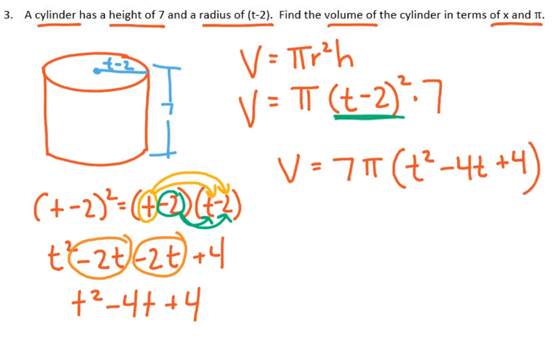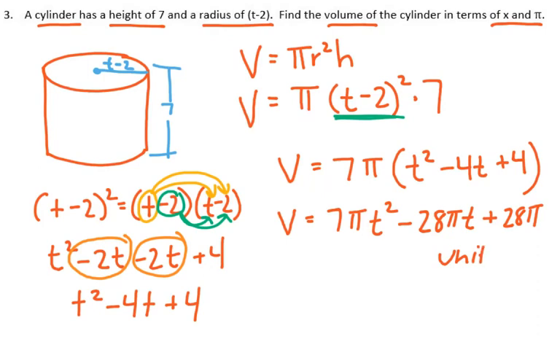We also could distribute through that 7 pi and get our final volume is equal to 7 pi t squared minus 28 pi t plus 28 pi units cubed, this time for volume.